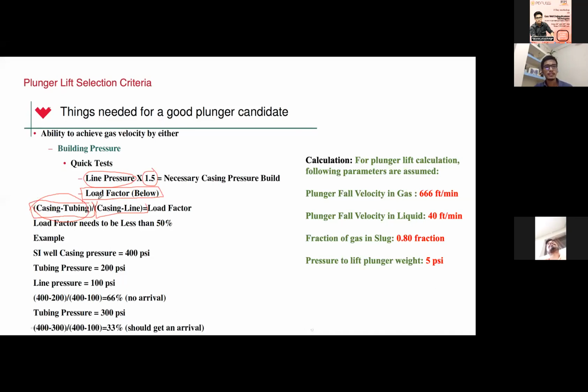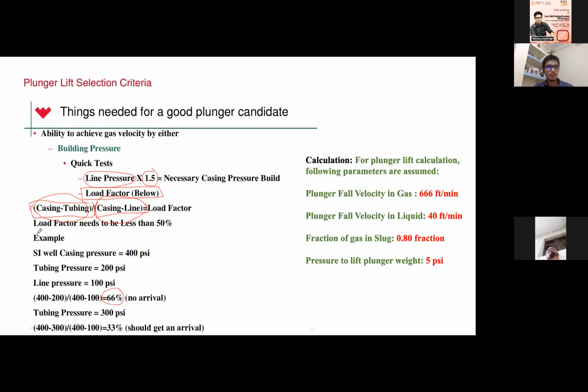And the casing and line pressure difference will decide whether the fluid will be lifted with the casing pressure available. For example, if you have a SICP of 400 psi, tubing pressure 200 psi and line pressure 100 psi, you have a load factor of 60%.